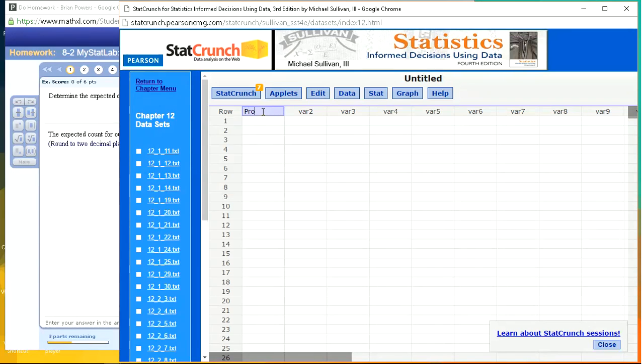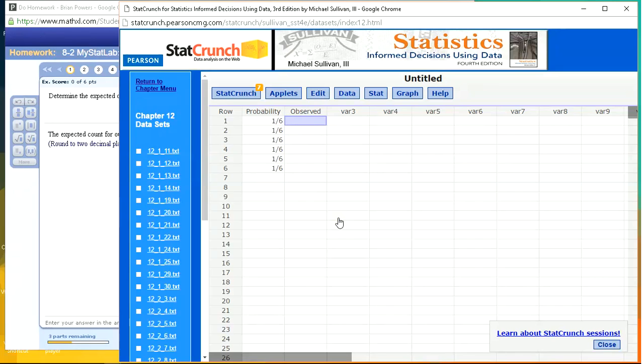Let's say the probability of each roll is 1/6, 1/6, 1/6, 1/6, 1/6, 1/6. Okay, so the probabilities of rolling a 1 through a 6 are all 1/6, and let's say I did this many times.